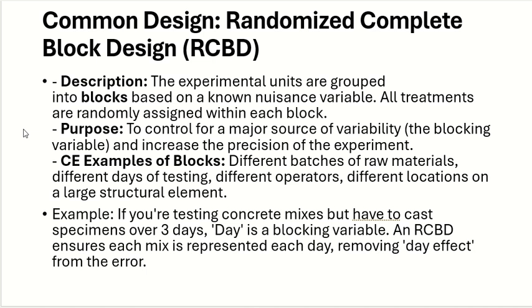So for example, your testing is concrete mixes, but you have to cast specimens over 3 days. So day is a blocking variable then. Even in the example of the plants which I gave you, they are testing the effect over the number of days, because it's like medicine or something, right?